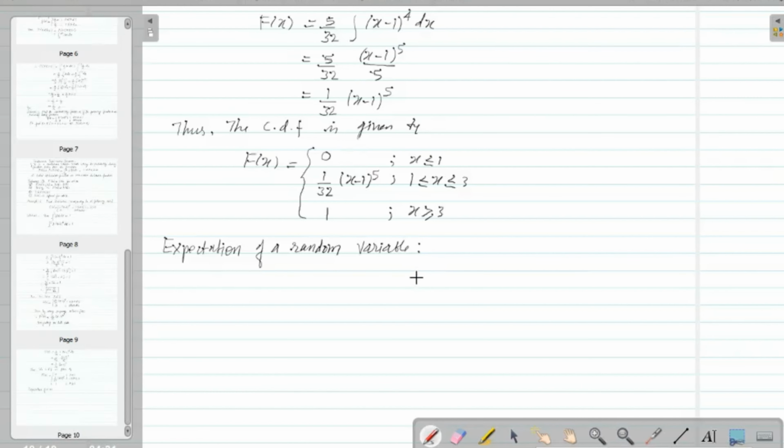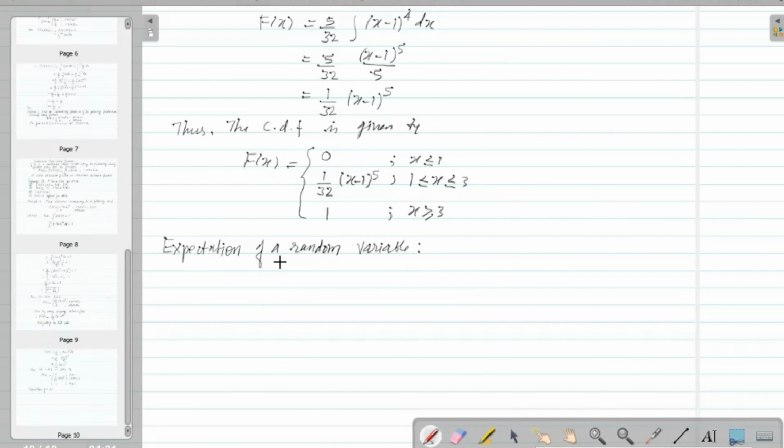Okay, so if a discrete random variable x assumes the values x1, x2, x3 up to xn with their respective probabilities, then the mathematical expectation of x is denoted by E of x, and it is given by this.